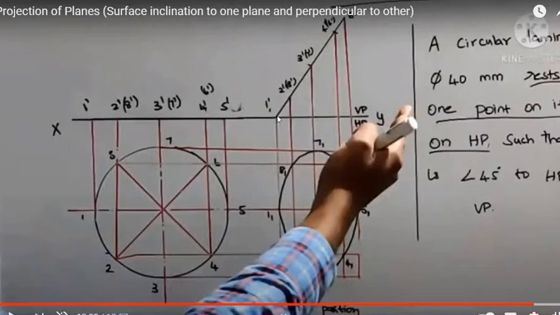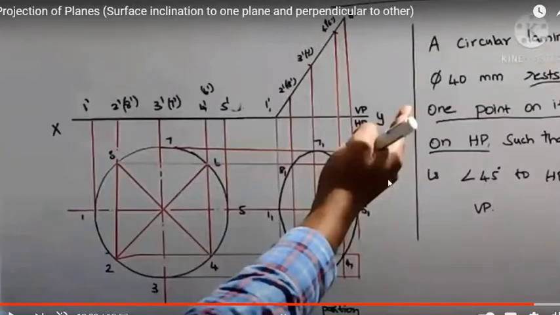You look at here. This is the point where it rests on HP. This point corresponds to 1 dash. That means at the resting point there is only 1 point, so it is resting on one point. The corresponding 1 dash is this, so this is the point resting on HP.